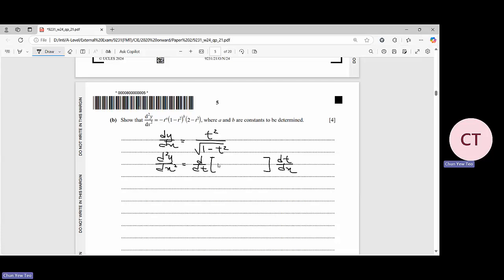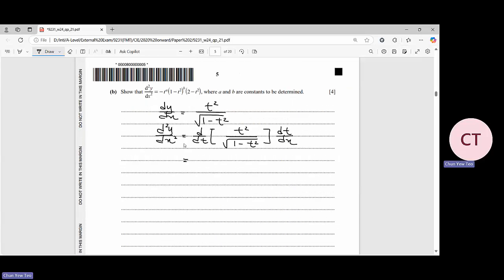So this will be t squared over the square root of 1 minus t squared. Now you need to use the quotient rule: keep the bottom, differentiate the top, minus keep the top, differentiate the bottom, divided by the bottom squared.